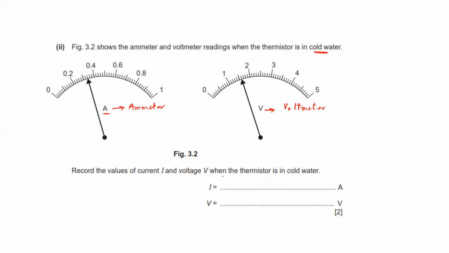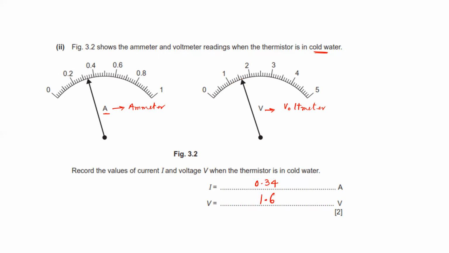Record the values of I and V. For I, this is 0.3, this is 0.32, 0.34. So my first reading will be 0.34 amperes for current. For the next part, my voltage reading will be 1.5, 1.6. So 1.6 volts will be my reading for this.